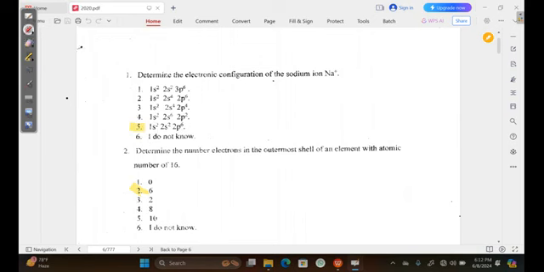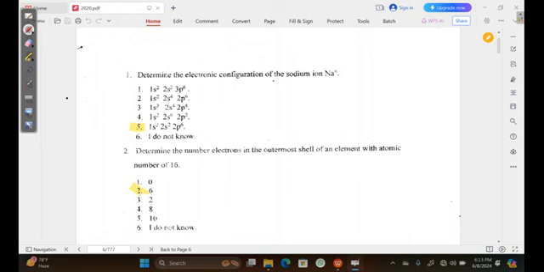Question 2. So question 2 is saying, determine the number of electrons in the outermost shell of an element with atomic number 16. So again, we need to write down what we know before we can deduce the right answer. So this goes down to what we know about shells.